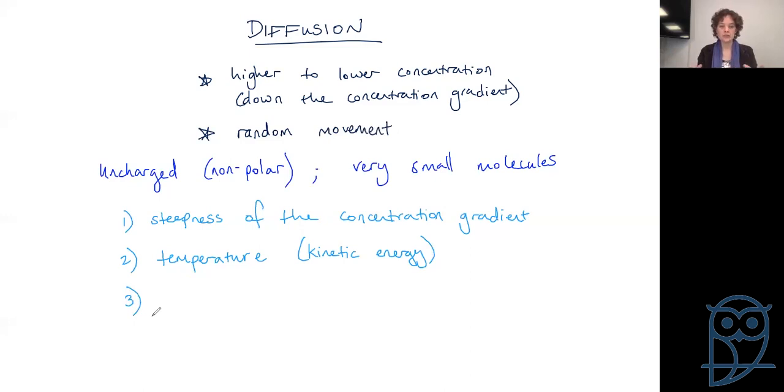So those are the two that are always with diffusion, whether you're spraying deodorant in one corner of the room, that classic example. But when we're talking about moving in and out of cells, we've got to add to this. So we're going to add surface area.